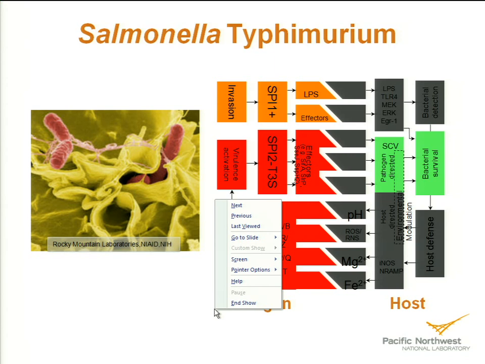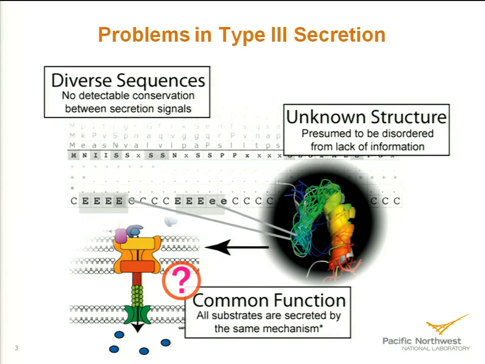I'm a Mac person. I keep on pressing the wrong mouse button here. So a little overview of the type 3 secretion system. There's a schematic diagram in the lower left. This was courtesy of our collaborator, Fred Heffron at Oregon Health Sciences University. It's really an elegant molecular machine that spans both the inner and the outer membrane of the gram-negative bacteria.